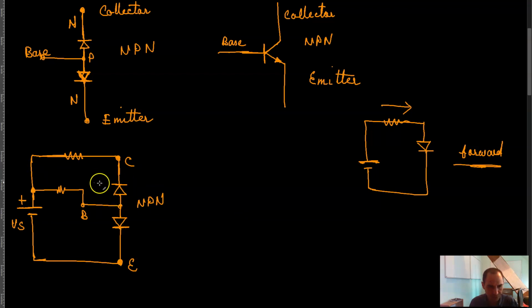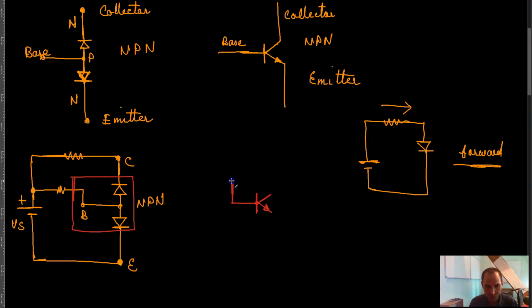Now, if I replace this whole transistor with a schematic of a transistor, I would have a transistor like this, and your base goes to the positive supply.